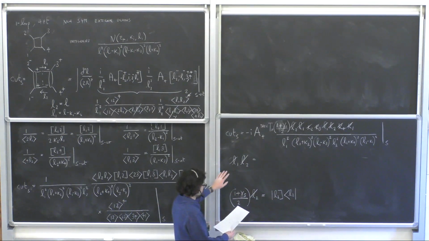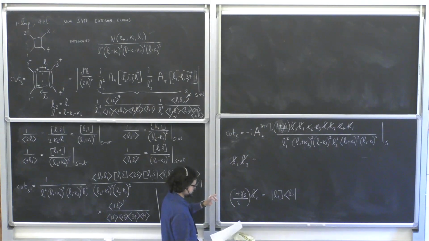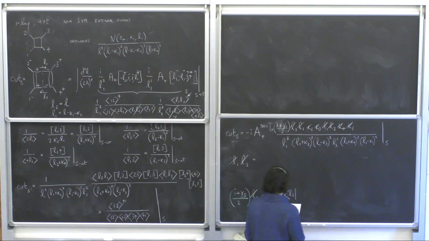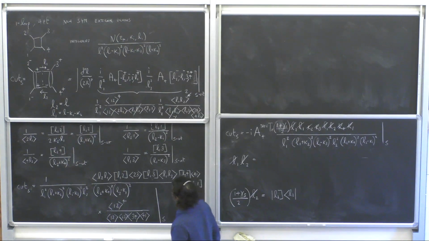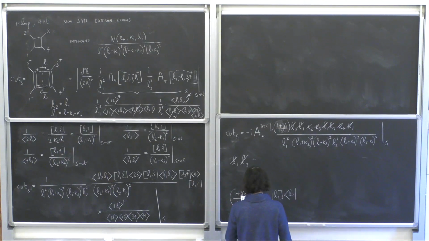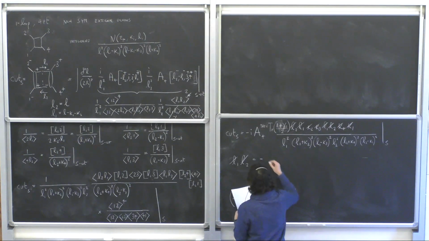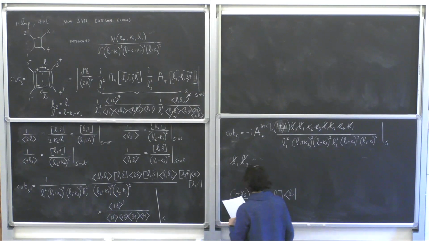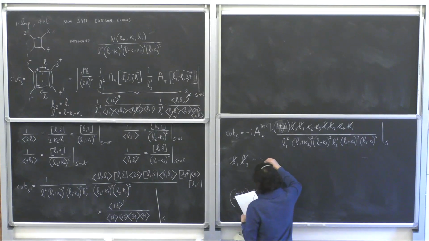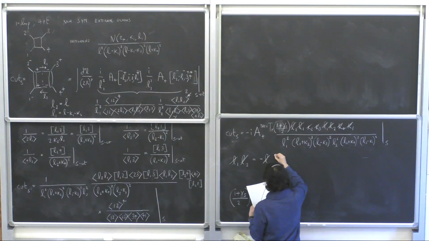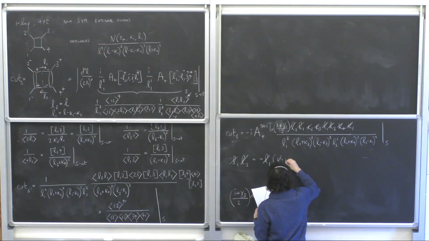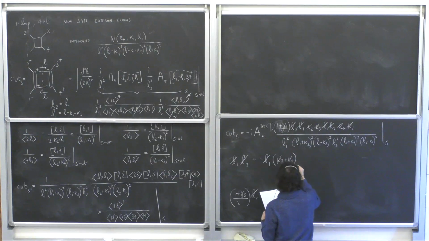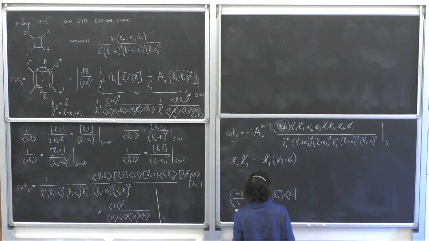So what I was about to say before is that we use the expression of L2 in terms of L1, which is still written there. This, together with the fact that L1 is null on the cut condition, and on the cut, again, we can write this as L1 K3 plus K4. Very good.